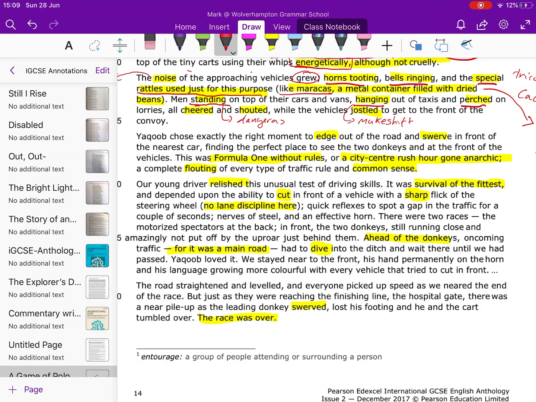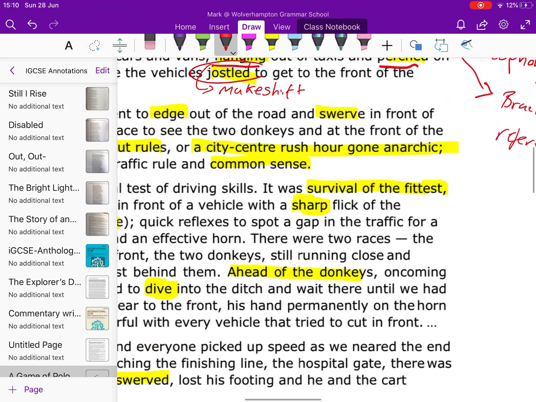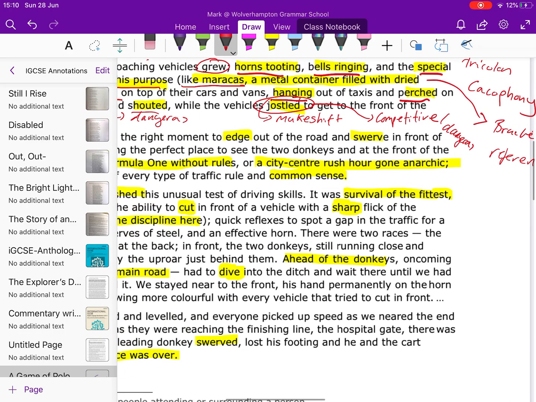They all cheered and shouted, so once again we've got even more noises thrown into the cacophony, thrown into the mix, while the vehicles jostled. And jostled's an interesting word because it makes this sound very competitive, very dangerous, once again, as if all these different vehicles are fighting against one another in order to get the best view.